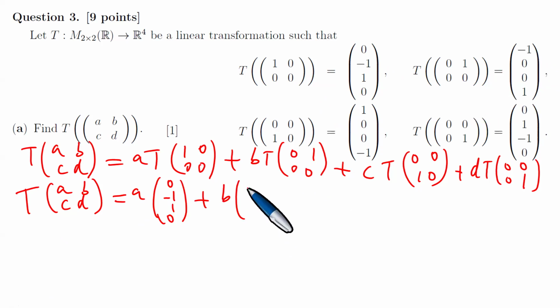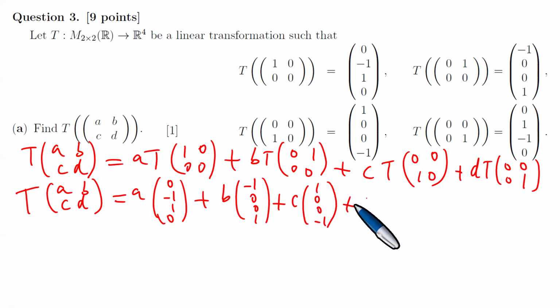It is this one. And then we have the image of the 0, 0, 1, 0, and that is 1, 0, 0, -1. And then D times the image of the 0, 0, 0, 1, which is 0, 1, -1, 0. So it is exactly this.